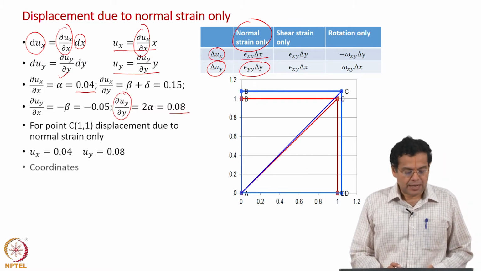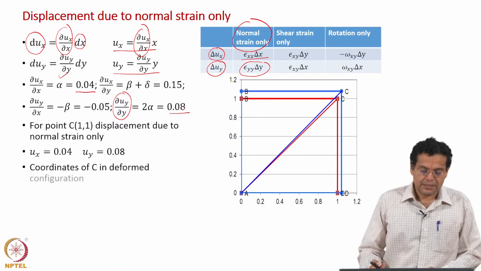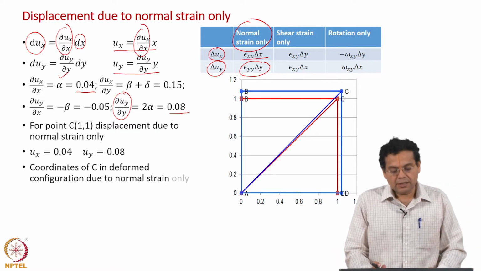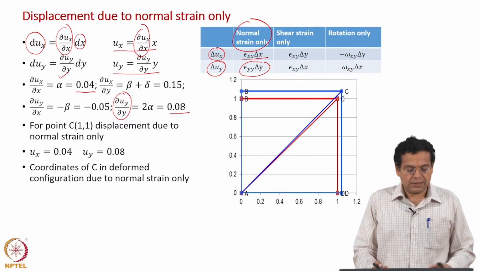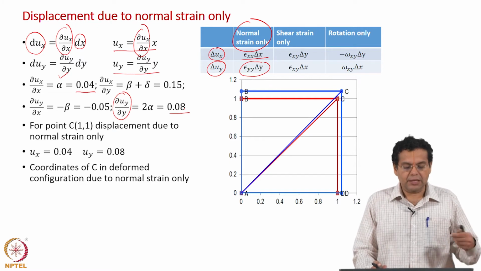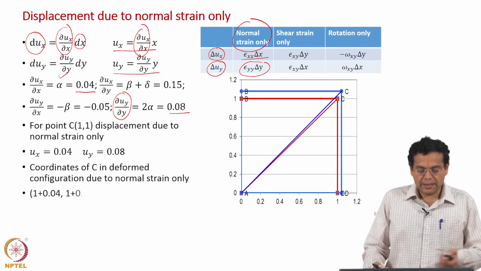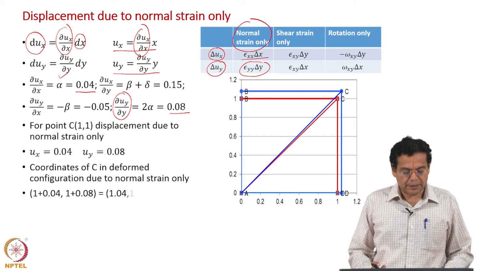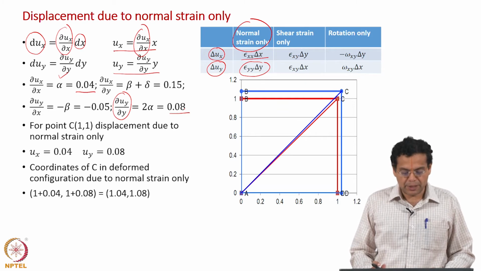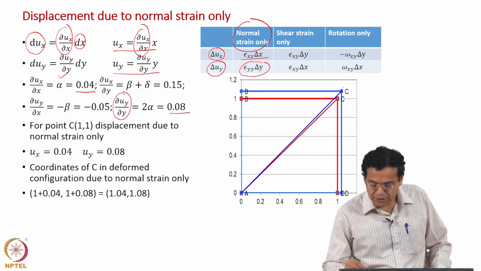Okay. And what are the coordinates of C in deformed configuration due to normal strain only? Look at the statement, coordinates of C in deformed configuration due to normal strain only. Add the displacements to the respective old coordinates, you get 1.04, 1.08, and that is what is shown here.